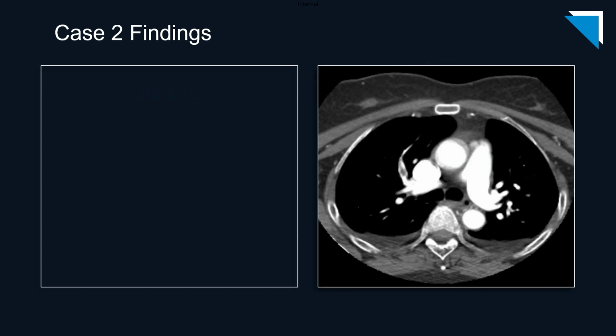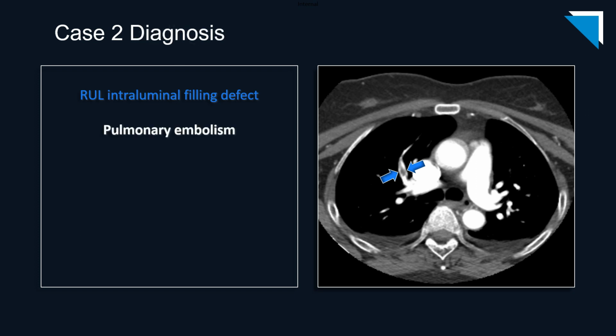Here is a single slice from those images at the level of the upper chest, which demonstrates a filling defect in a branch of the right upper lobe pulmonary artery, which is consistent with a pulmonary embolism.